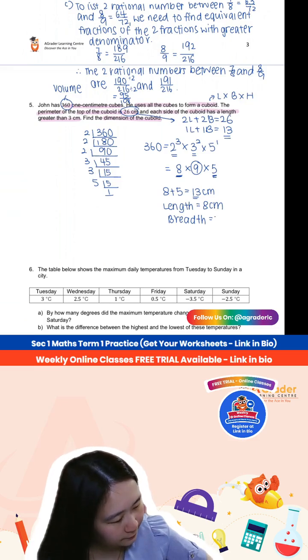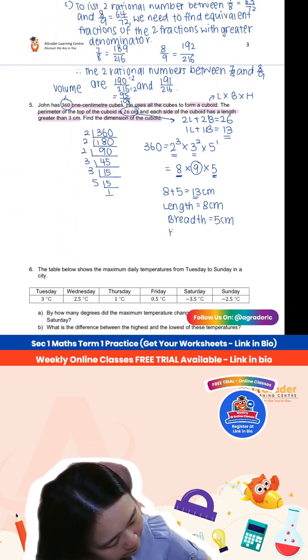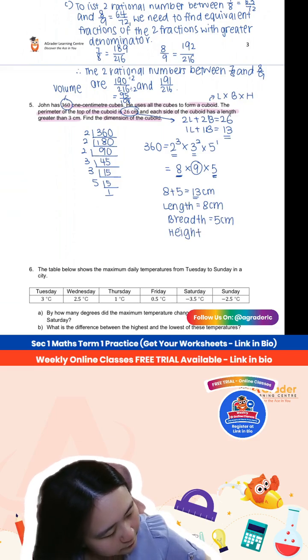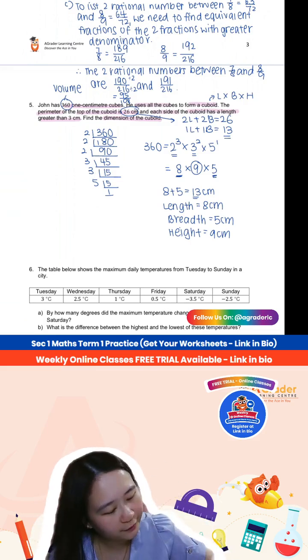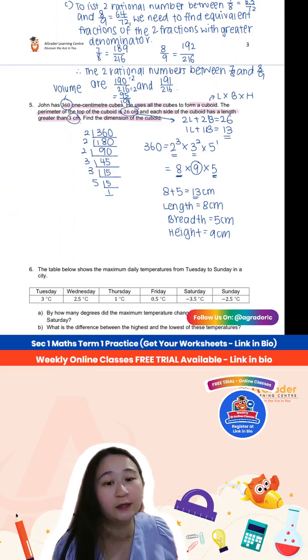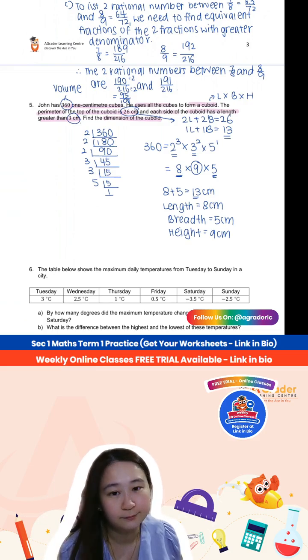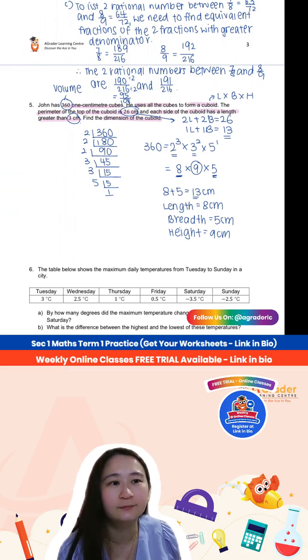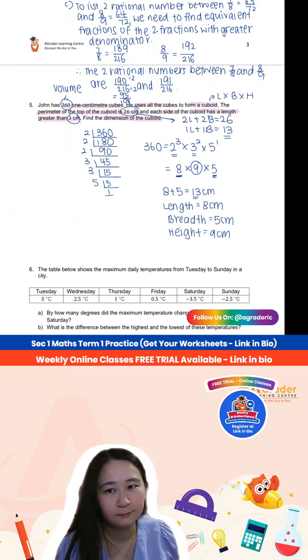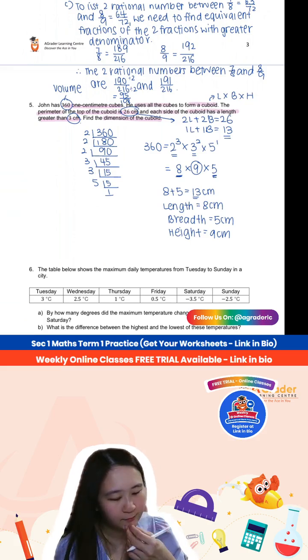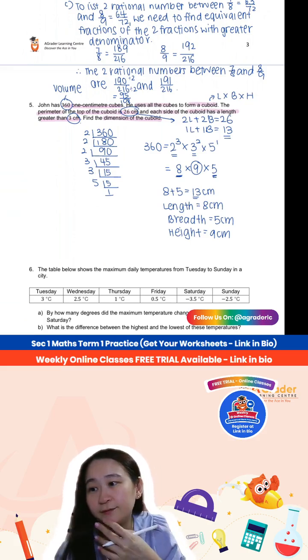Okay? Then the height must be 9 cm. So we fit the criteria of all the sides to be greater than 3 cm. Okay, so this is for question 5.